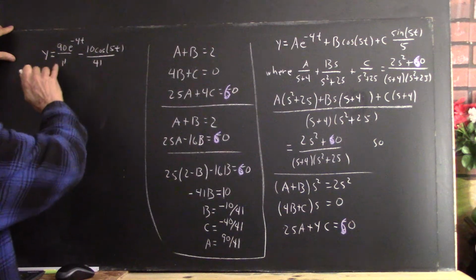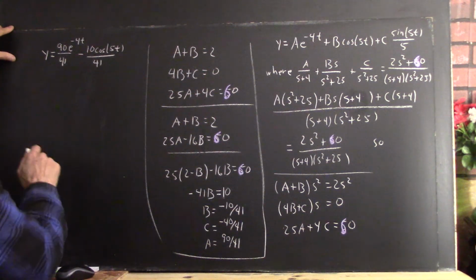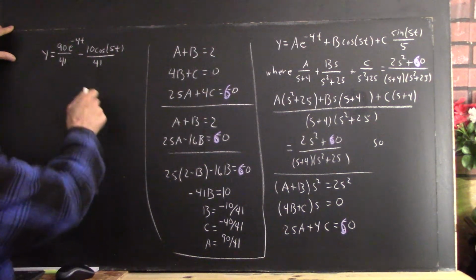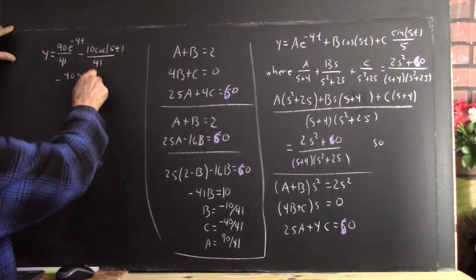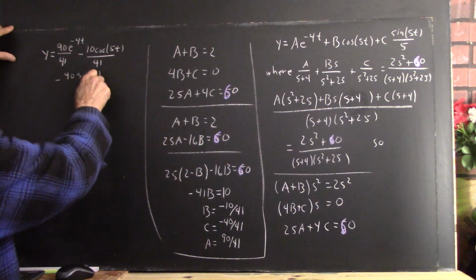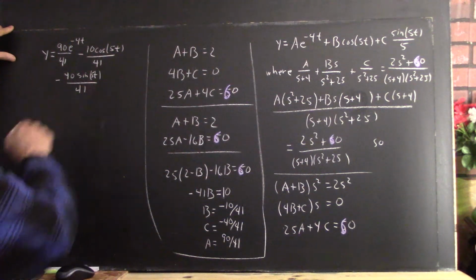It's 41, not 91. And then it's going to be plus or minus 40 sine of 5t over 41.